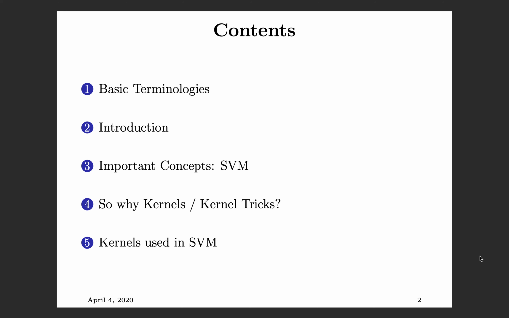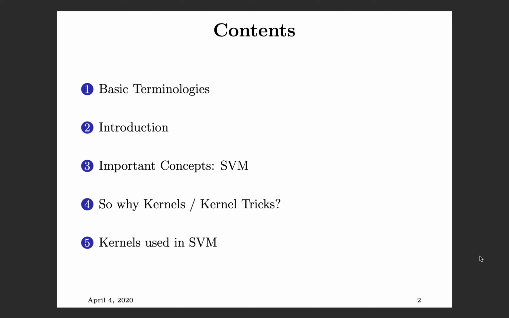In this, we are going to see the contents: basic terminologies, where we will see what is machine learning and the types of machine learning. In the introduction, we are focusing on the SVM part, mostly the topics that will be useful in SVM. Then important concepts related to SVM.